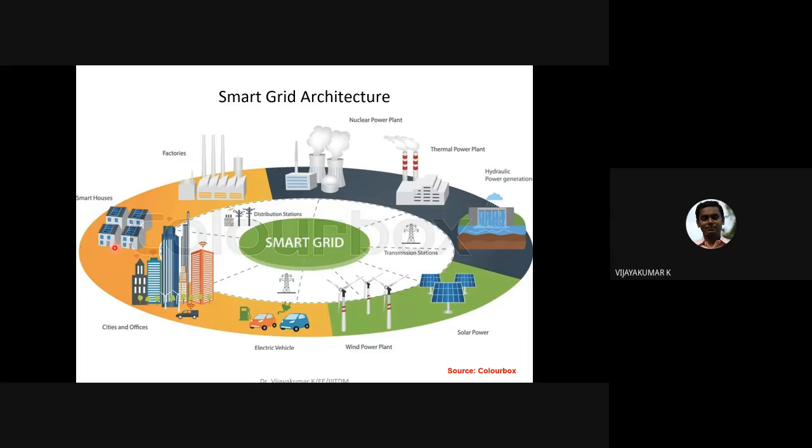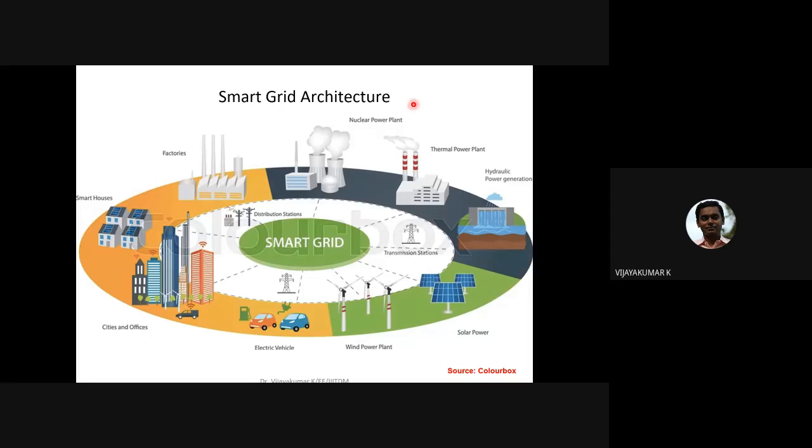Any component, you can take homes, cities, offices, electric vehicles, renewable power generation sources. You can take any component in this smart grid architecture. We have a huge opportunity to develop algorithms, you can say machine learning techniques, to optimize the operation of the device or the operation of the system.